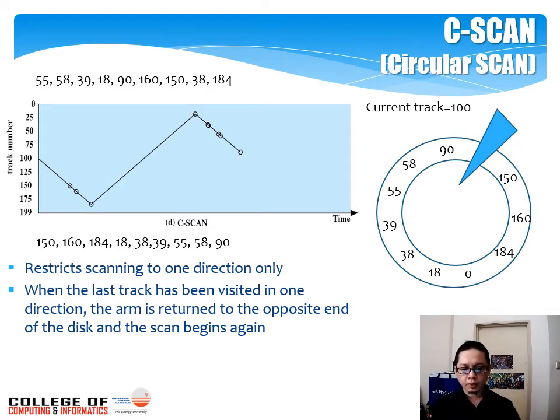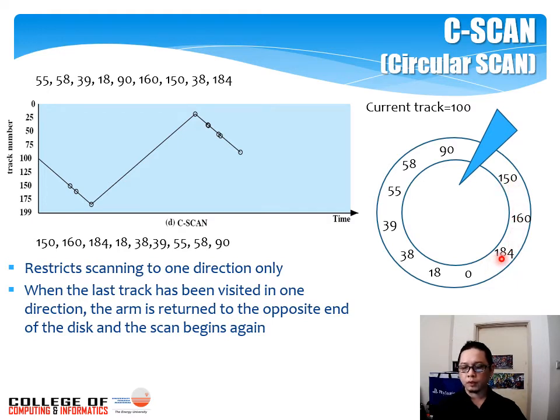So in this example, still we are looking at the same track number requests: 55, 58, 39, 18, 90, 160, 150, 38, 184. So again, the current track location is on track 100. So it will move to location 150, 160, 184.